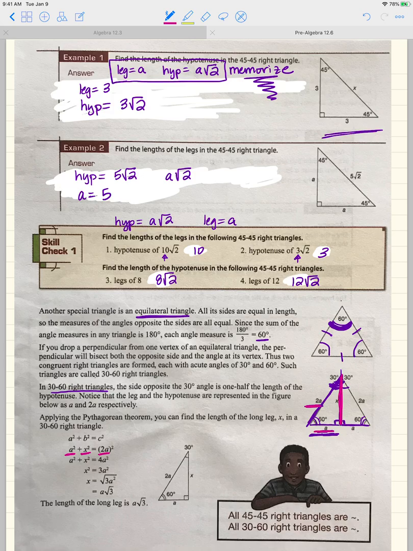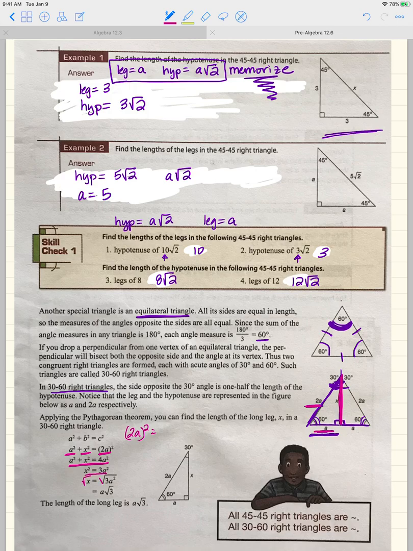So a squared plus x squared is equal to 2a squared. 2a squared is 2 squared times a squared, so that is 4a squared. So now we have a squared plus x squared is equal to 4a squared. Subtract a squared from both sides and you get x squared is equal to 3a squared.